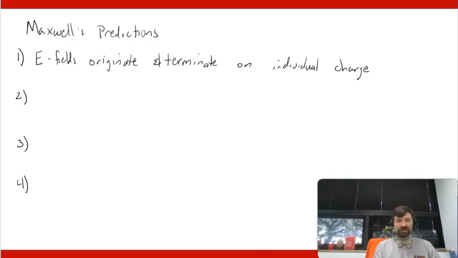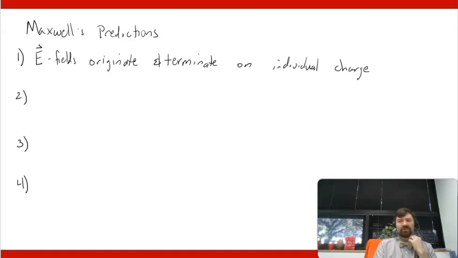So charges are the source of electric field lines as such. But a charge that's just sitting there gives you a stationary or static field, and a charge that's moving gives you a moving field, or a changing field would be more appropriate.